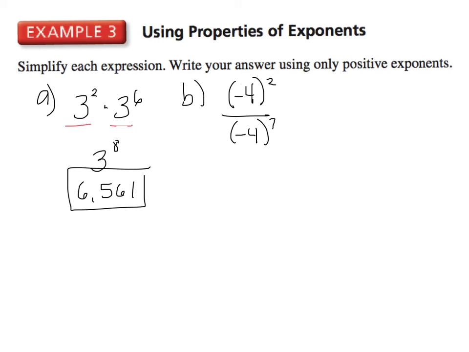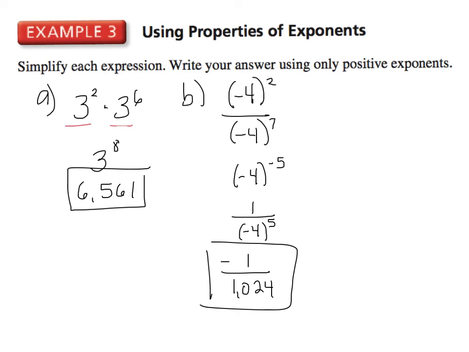So we subtract the powers, 2 minus 7. That gives me negative 4 to the negative 5th power. Well, we can't have a negative power. So then that becomes 1 over negative 4 to the 5th power. And negative 4 to the 5th power will give us a fraction of negative 1 over 1,024.